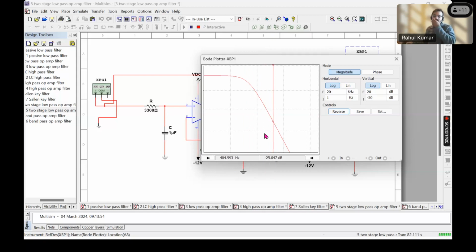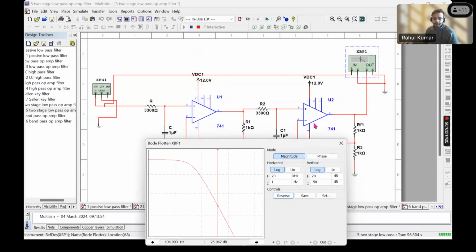So minus 24. So that's a slope of around 12 dB per octave. Okay. So that's your simple two first order filters which are connected together in series or cascaded together.